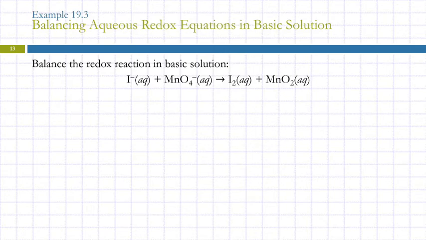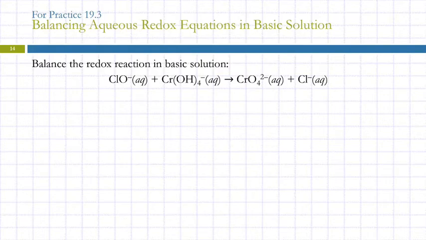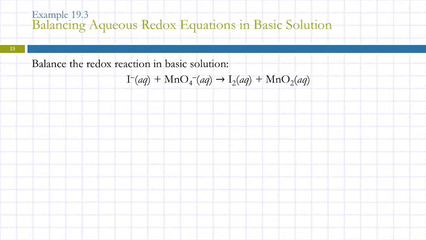Examples. Balance this reaction in basic solution. So we see basic solution, we just kind of tuck that in the back of our minds. We'll deal with that later. Half reactions. So you've got I minus, aqueous.